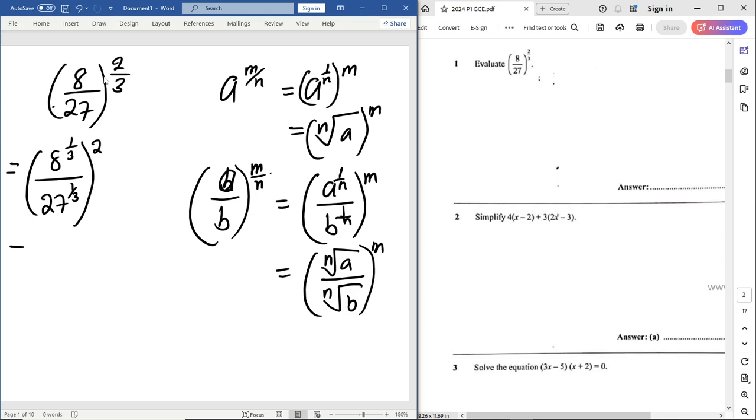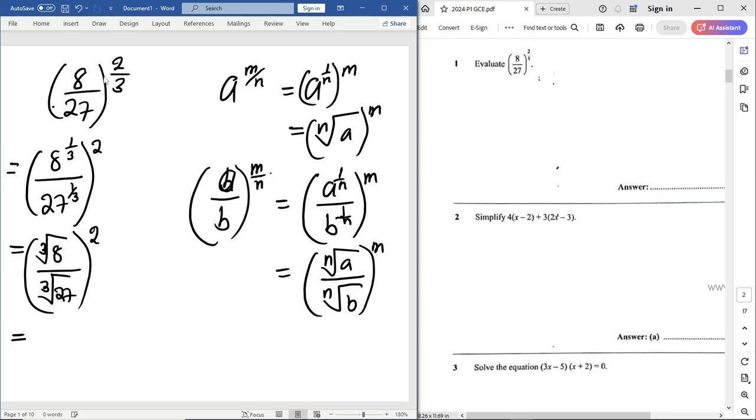So we know that if anything is raised to the power 1 over 3, we're simply looking for the cube root of that number. So this simply means that we're looking for the cube root of 8 divided by the cube root of 27, then everything raised to the power 2.